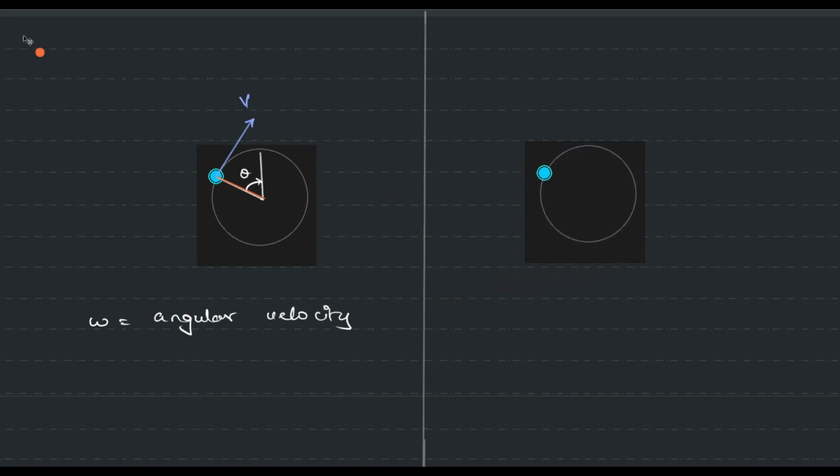Pulling it inward is done with some force, and that's your centripetal. Sorry, you have acceleration as of now; force is what we'll look at. So we have your centripetal acceleration pointing inward.